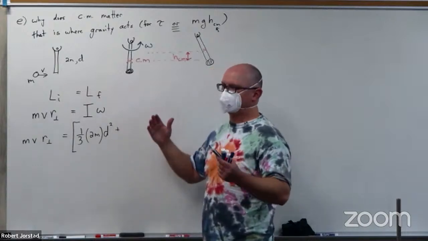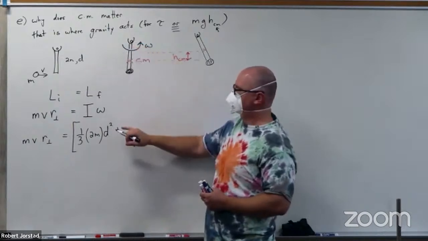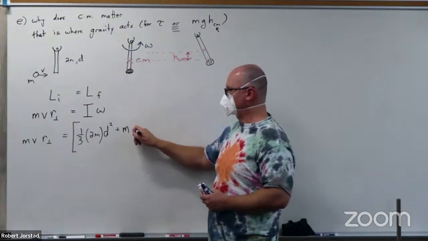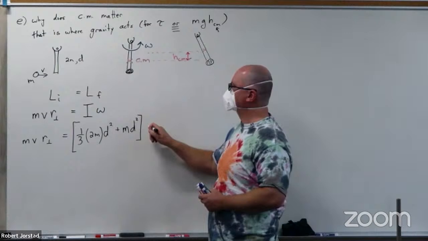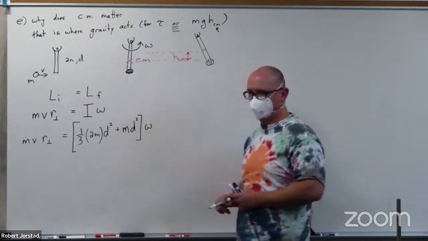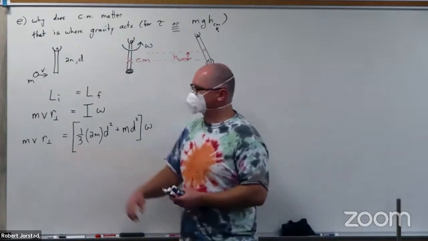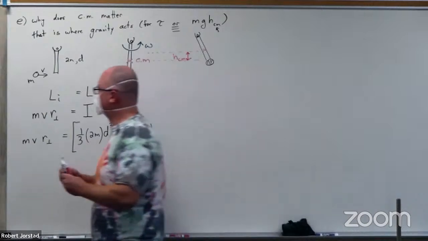I change all the lengths to d's. So it's d. And so this is just the mass of the point mass, m, d squared. And I'll get I omega, right? What is r perpendicular for this problem? I draw the line of motion.